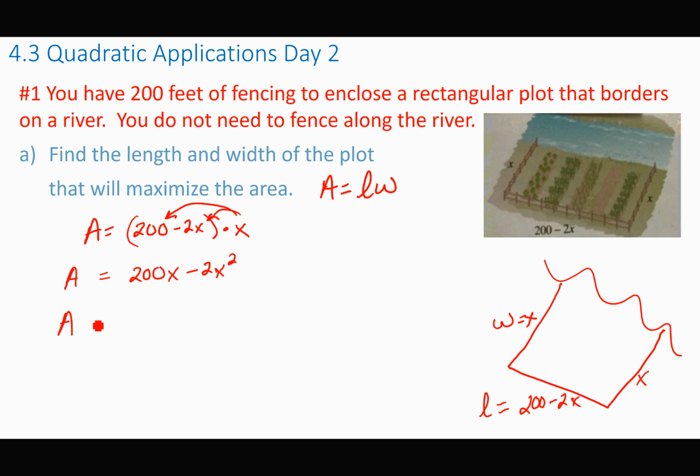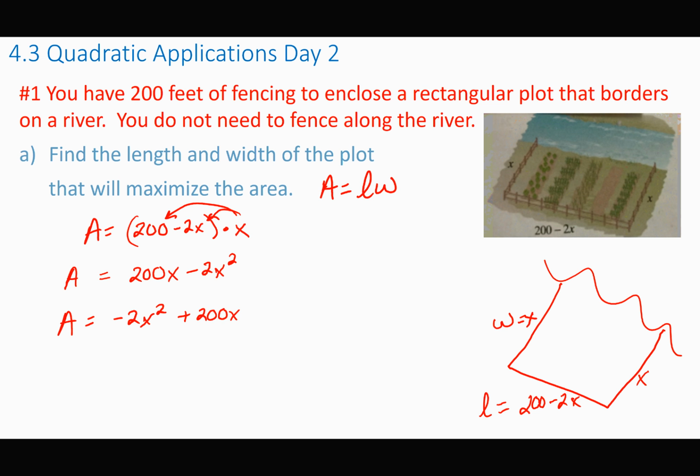Then I could even take it one step further to get it more familiar into standard form. It would be a negative 2x squared plus 200x. So all three of those are equivalent. They're just written in different forms, and then in standard form.